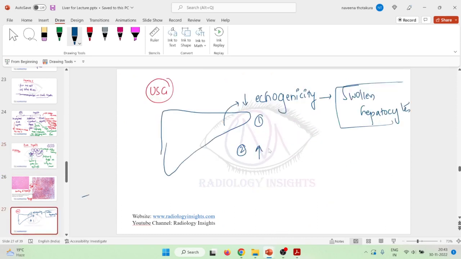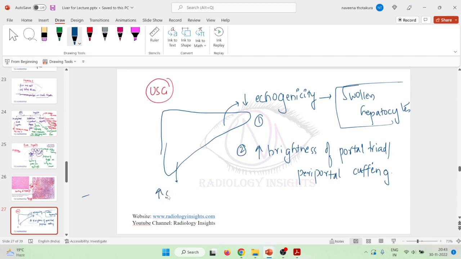So number two, there is increased or accentuated brightness of the portal triad, also called periportal cuffing, seen around the portal triad. Along with that, the liver is increased in size, so we can see hepatomegaly.